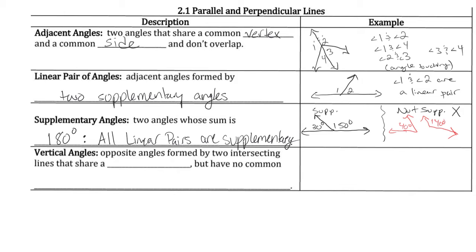Because they're not adjacent, that means they are not linear pairs. But they are actually supplementary. They're not linear pairs, but they're supplementary because they add up to 180 degrees. So again, if they add up to 180, that makes them supplementary angles.